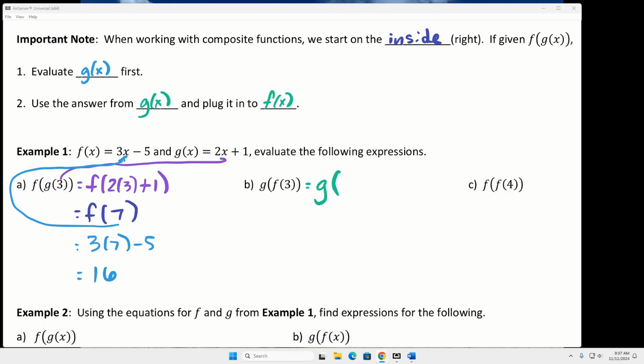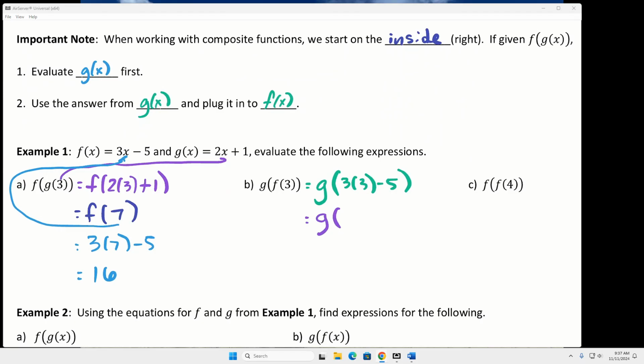All right, let's look at B. So on B, the order of the f and g can move around, but we're always going to start on the inside or on the right. And so we would start with f of 3, and the g is going to hang out. So I'm going to put 3 in for x, which means I'm going to multiply it by 3 and subtract 5 from it.